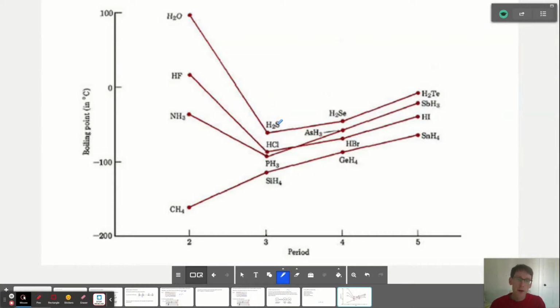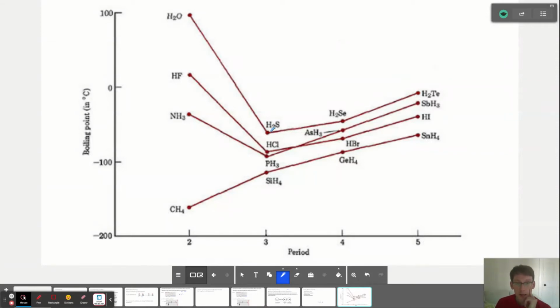So what we see here is that there's an increase in the boiling point of these compounds as you're going down the group. And this can be attributed to the fact that tellurium has a lot more electrons than selenium, and selenium has more electrons than sulfur, all right? And so the dispersion forces as you go down the group are increasing. And those dispersion forces apparently matter quite a bit because you end up with a higher boiling point.